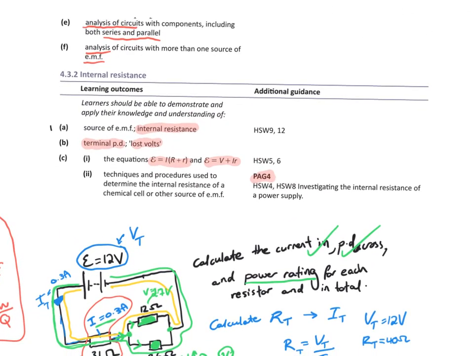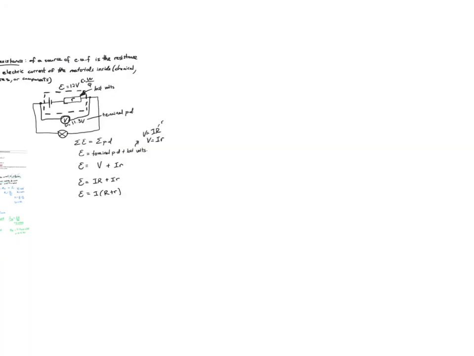We talked about internal resistance, terminal potential difference, and lost volts, and how to get to the equations for calculating internal resistance and how they link together. So we'll do an example before I go to the analysis, or how to design an experiment and how to analyze it.